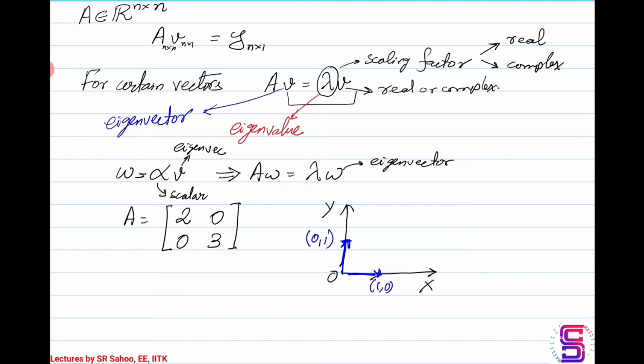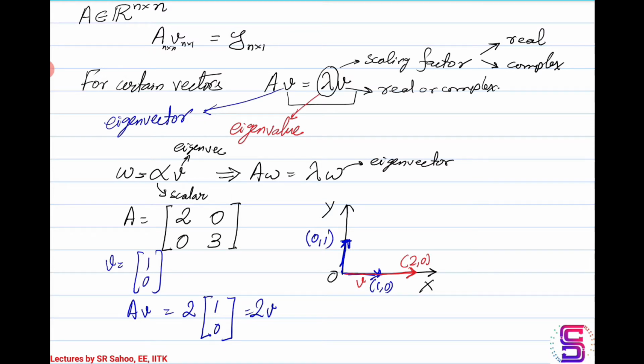So when A acts on this V, so V is 1 0, you can verify that you get twice the vector V. So here, what happens is this vector V is scaled up by a factor of 2. So you get a new vector, which is a scaled version, that is 2 0.